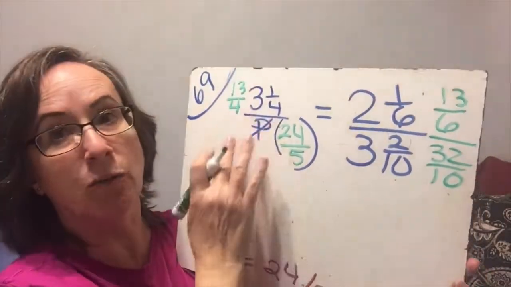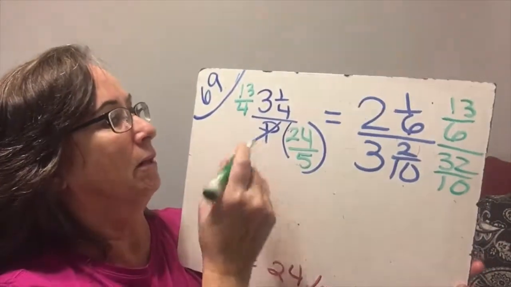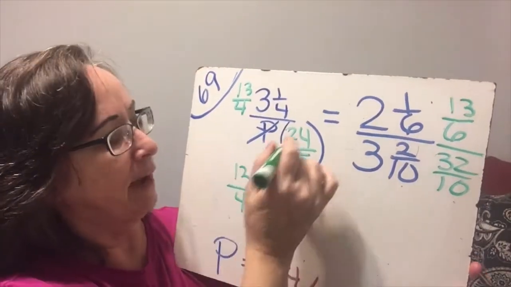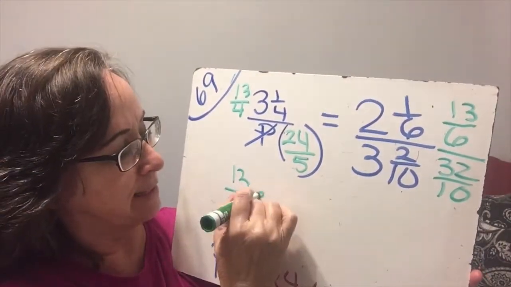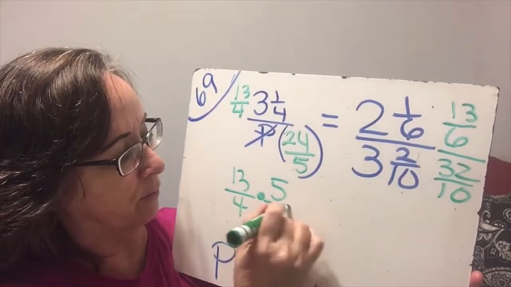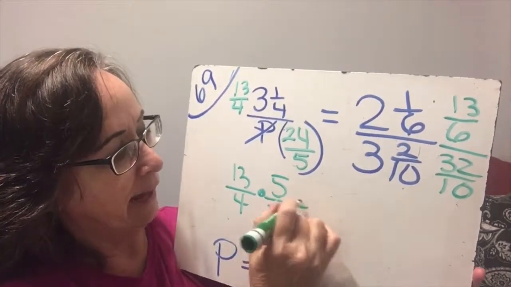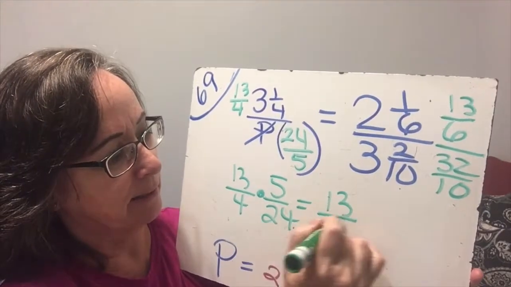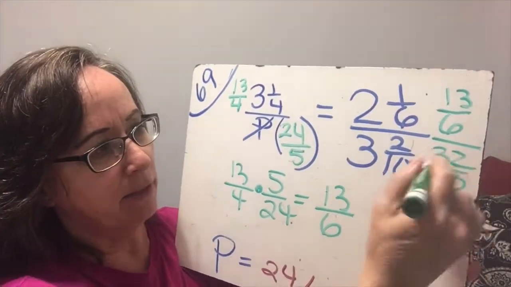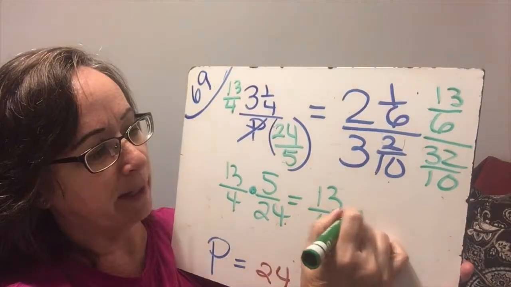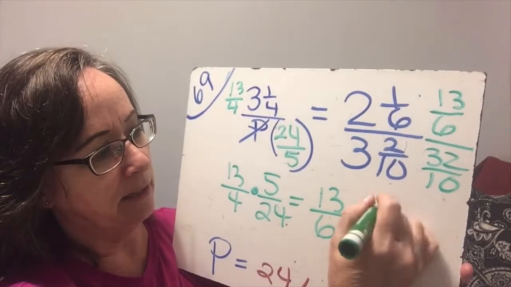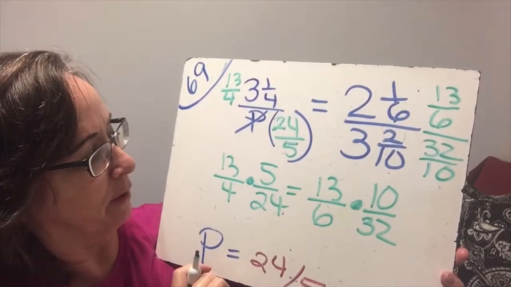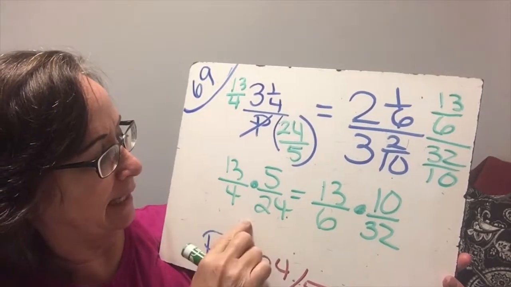So now we're just going to see if they're equal. So this 13 over 4 divided by 24 over 5 is the same as times 5 over 24. And on the other side, 13 over 6 divided by 32 over 10 will make times 10 over 32. Now, I'm going to go ahead and just simplify each side.